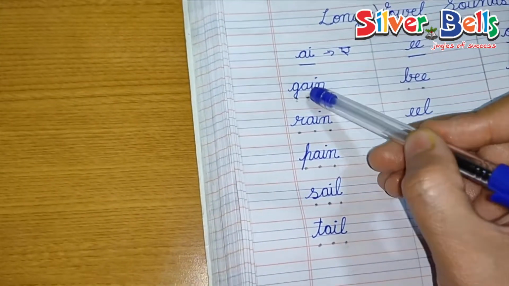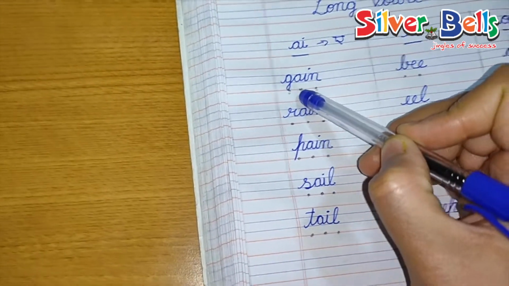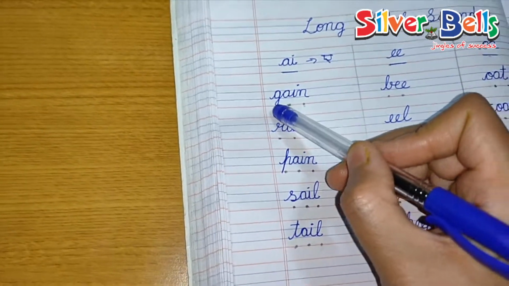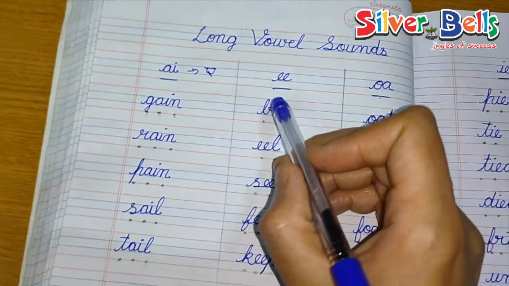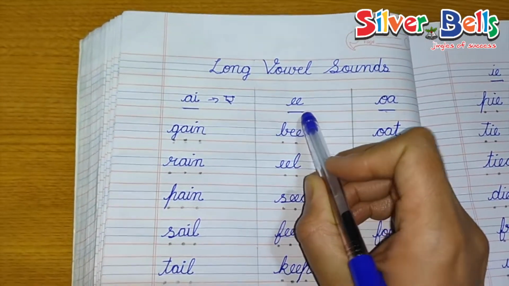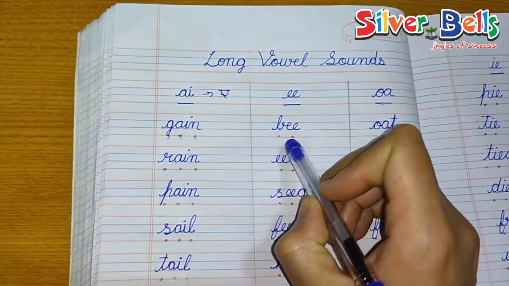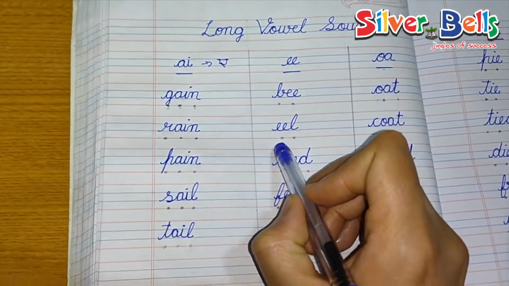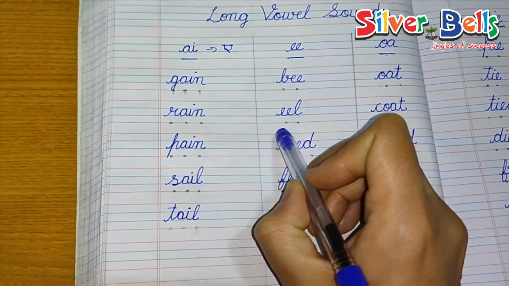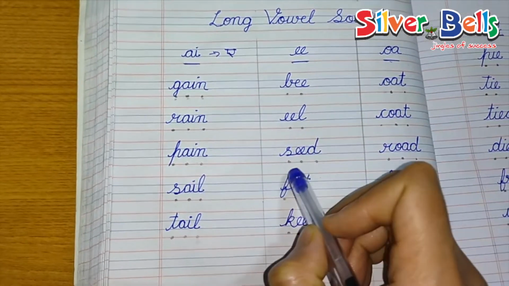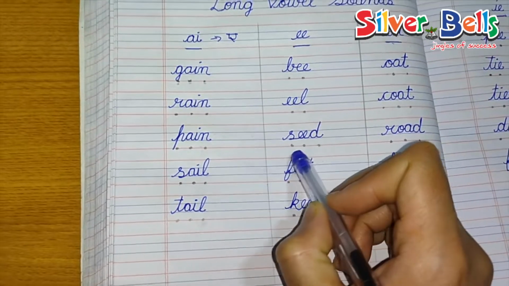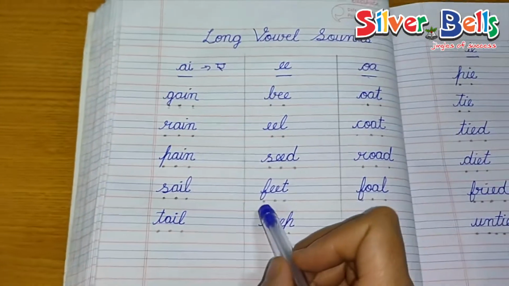And that is why we have given only one dot for this sound. One dot represents one sound. Now coming to the E sound words. B, E, B, eel, eel. S, E, T, seed.